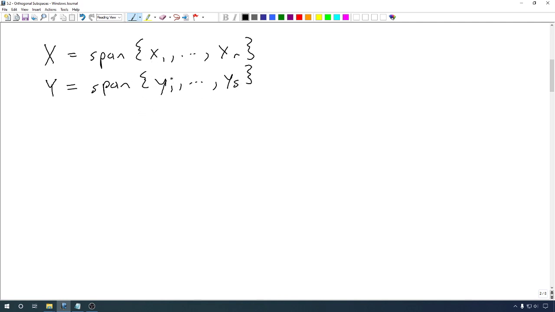Usually we probably want to think of these as being bases, but we don't necessarily have to. Just as long as we know that we can span those subspaces using these vectors.